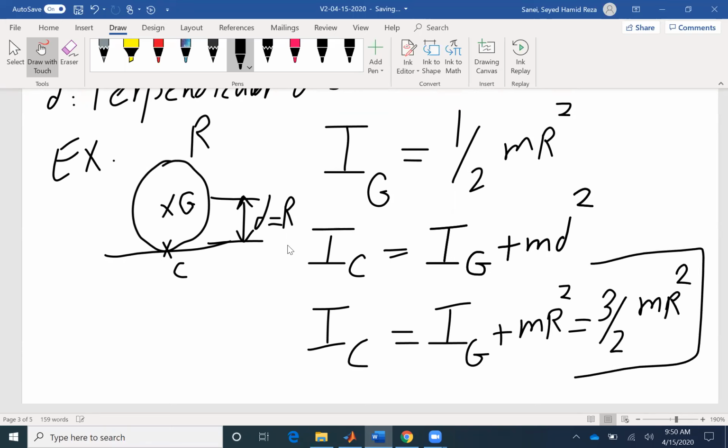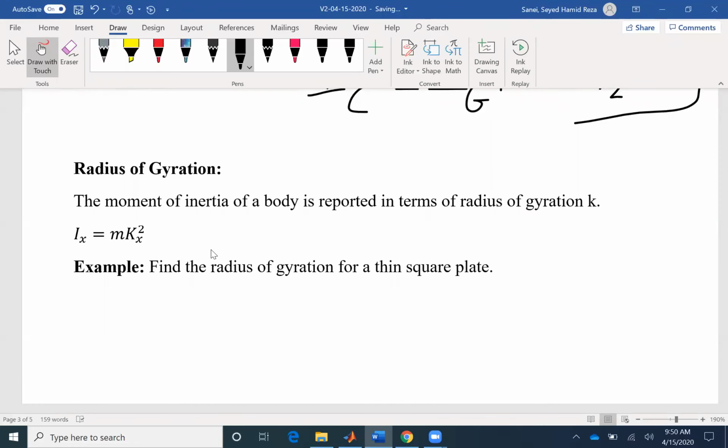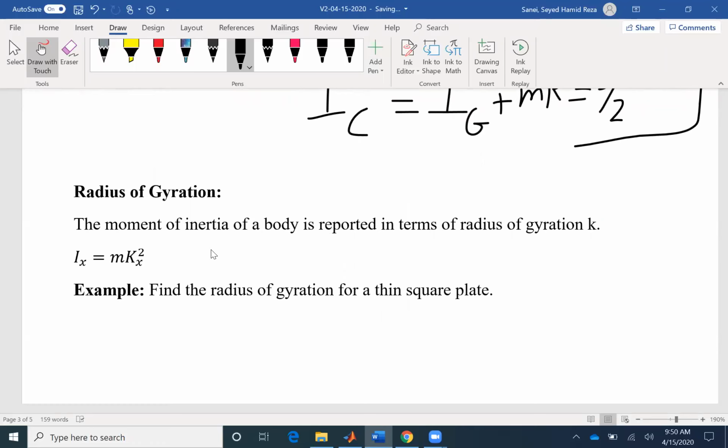So with the parallel axis theorem, if I have the moment of inertia about a point, I can find the moment of inertia about any other point. That helps us a lot in solving problems, because we can find the moment of inertia about different points of interest. The other definition that we're going to talk about here is the radius of gyration.